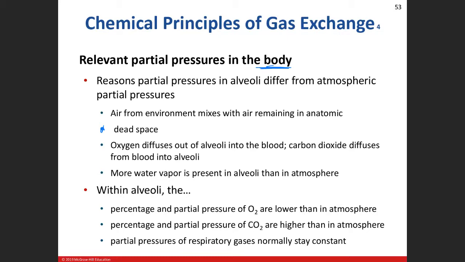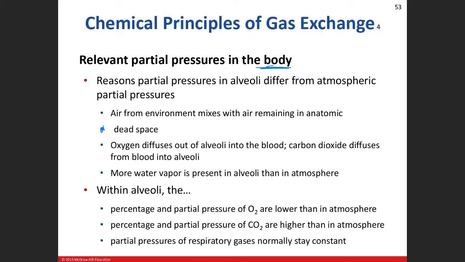One, you're warming the air up. You're humidifying it, so what does that mean? I'm adding water vapor to it. So the water vapor will change the partial pressure. So a lot of changes. Basically, the air, once it makes its way all the way down in the alveoli, is different. So I don't even know you anymore, air. You've changed. Well, that's right, because it went through your mouth and nose and down into your lungs. It's gone through a lot of stuff during that time.